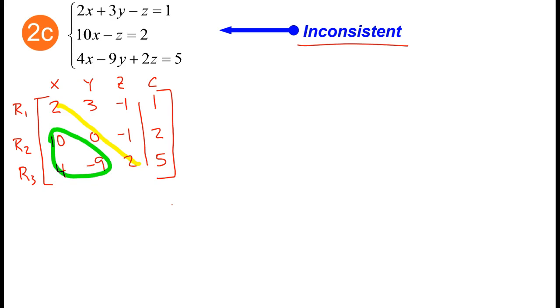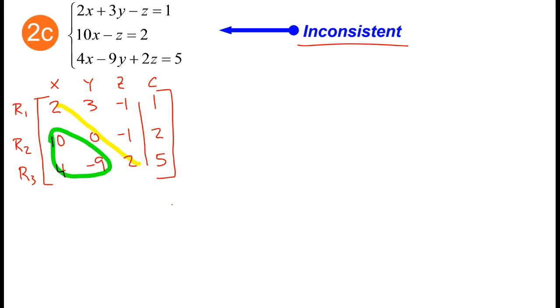To get a 1 in that upper left corner, I'd have to multiply everything in that row by 1/2, and then I'd be working with fractions for the rest of the problem. Because 2 is a factor of 10 and 2 is a factor of 4, I'm going to leave that 2 there for now, and I'm going to just work on the zeros down in this corner first.